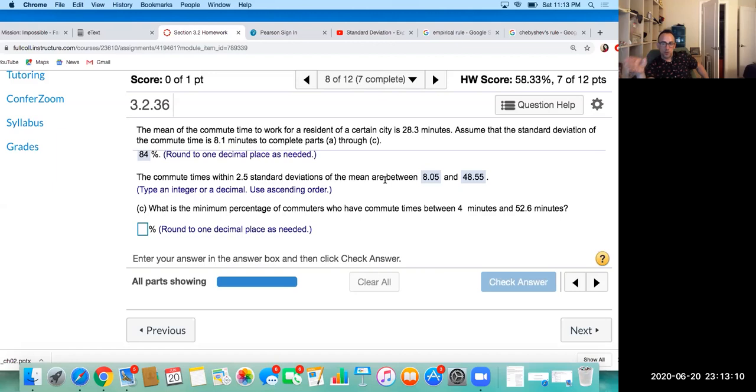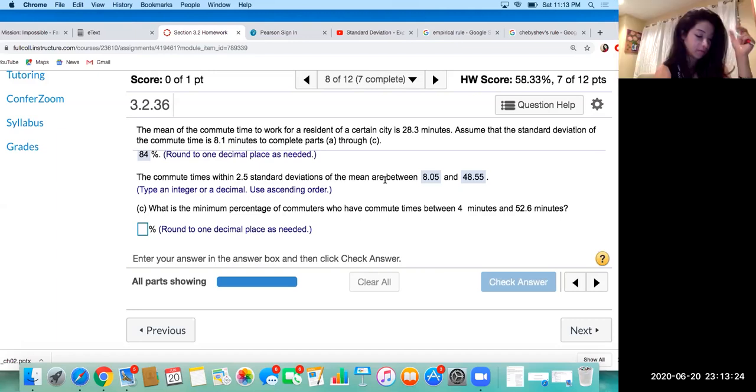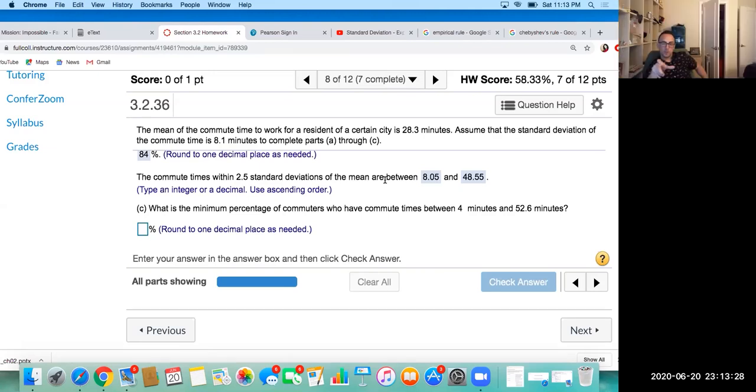So what's the difference? 28.3 minus 4 is 24.3, right? 28.3 is the center, and the smallest number is 4. So that difference is 24.3.